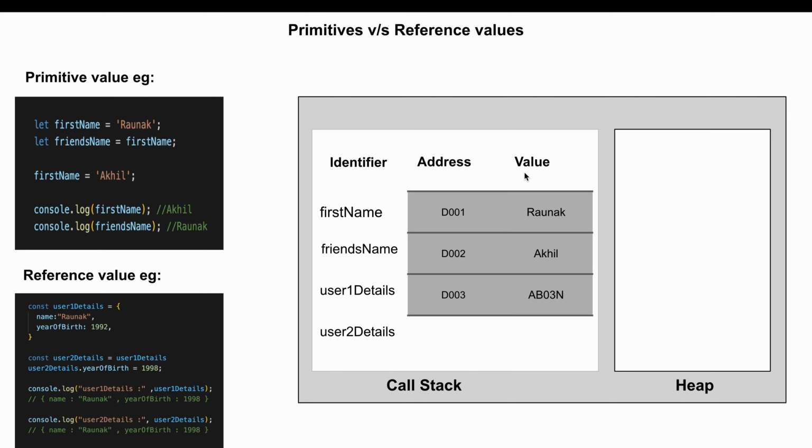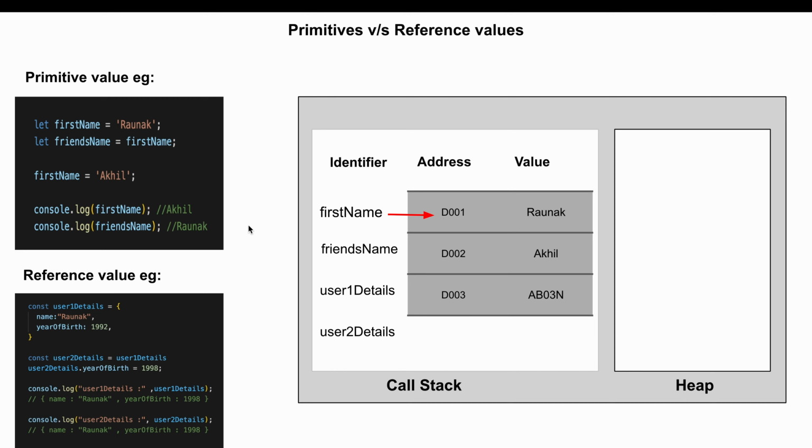And what will be the value? The value will be the one which we have assigned to that variable. That means whatever variable we create does not point to that value directly. Instead, it points to the address in the call stack, and that address holds some value in it.